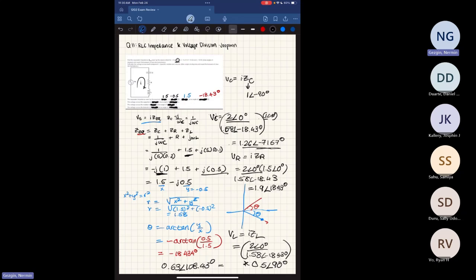Add them up, keep track of the signs, and as long as you're careful, you should be able to get the answer. For voltage division, you're setting an expression for I based on the total voltage and the total impedance, and you use that expression for I for all the individual voltages. Hopefully that makes sense, but are there any questions?